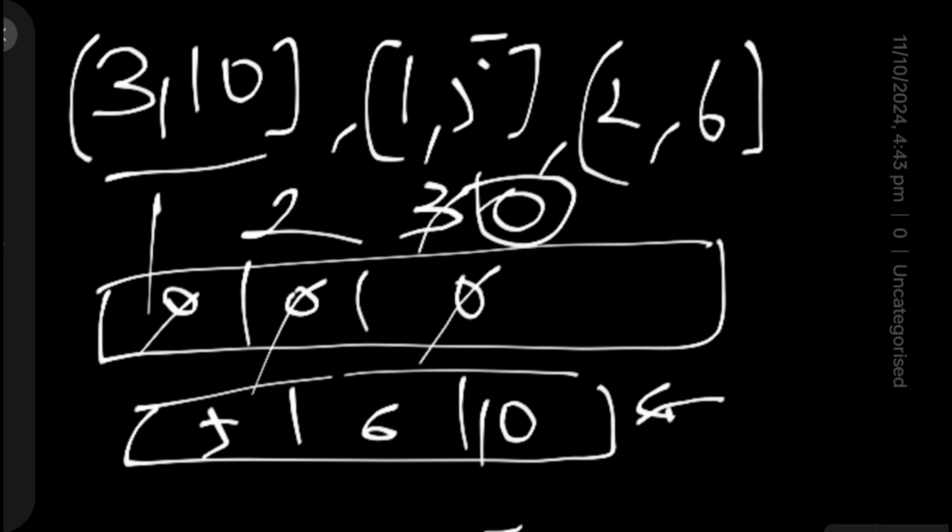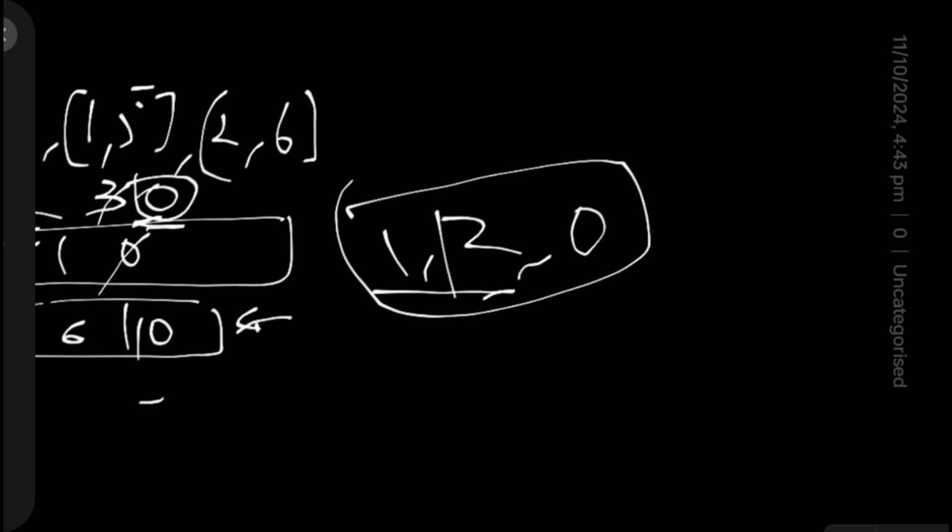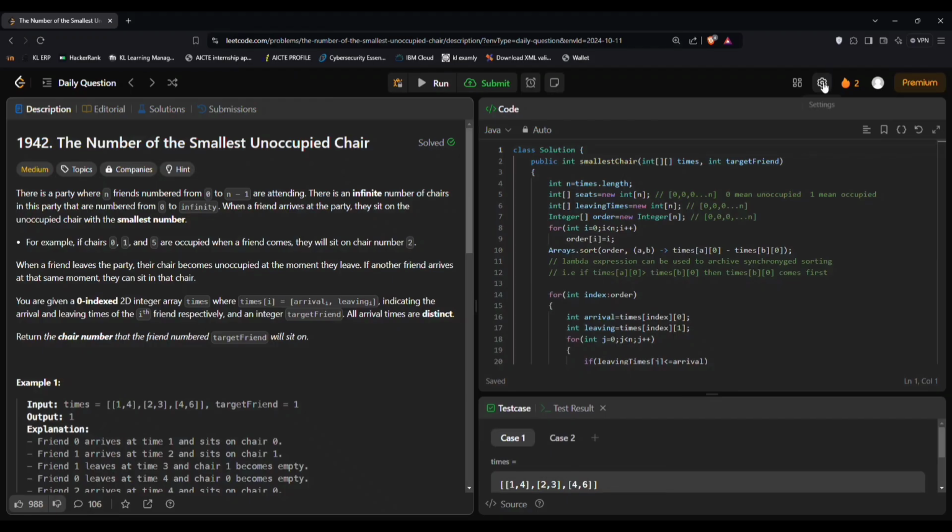Because this represents the first friend, this represents the second friend, and this is the 0th friend with the highest arrival time, the order of the friends is 1 2 0. The first one sits first, the second friend sits second, and the 0th friend sits third. Okay, as follows.